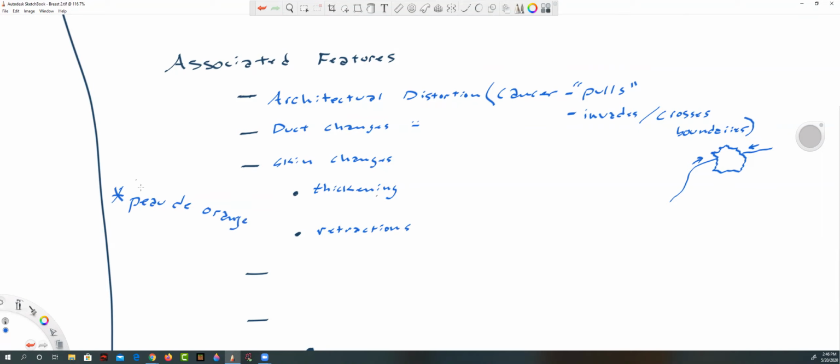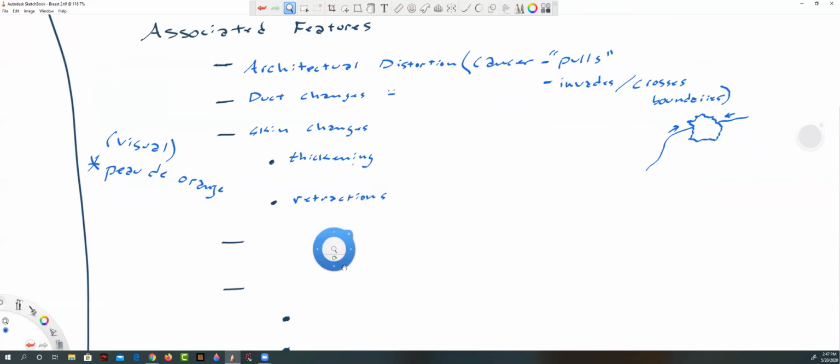I just hope I'm spelling it right. This is visual. In other words, you're going to see this with your own eyes, the peau d'orange, the peel or the skin of the orange. Oh, orange peel. Yeah, never thought about that.